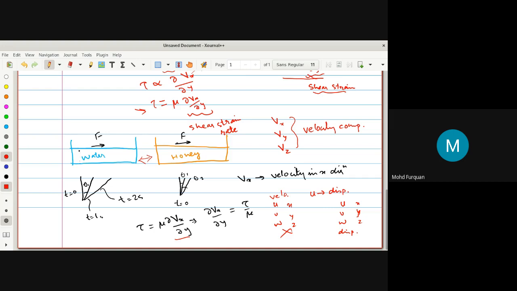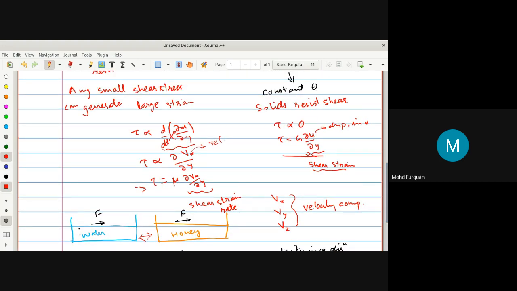So that's why I am saying that this tau should be proportional to dvx by dy. Dvx by dy is nothing but the rate of change of du by dy. If you take its time derivative, as I have shown here, du by dy, then this will be dvx by dy.